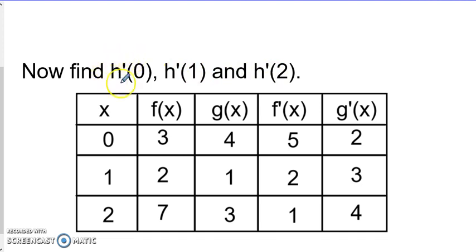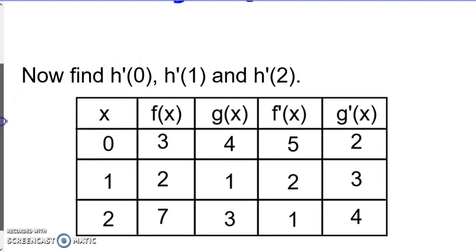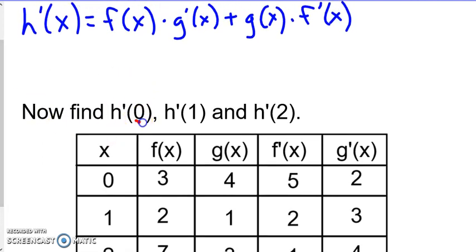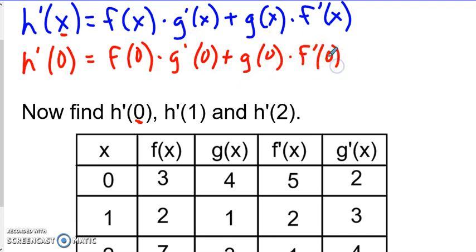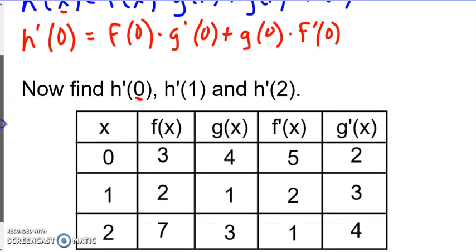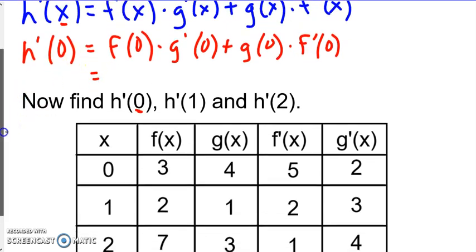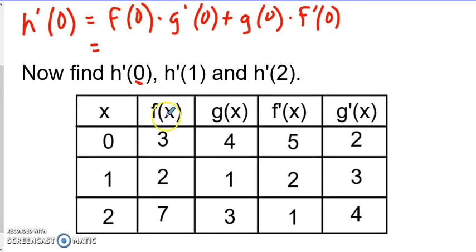Okay, so let's first start with h prime of 0. Well, really what's happening here is we're letting 0 replace x. So if we're trying to find h prime of 0, we need to find f of 0 times the derivative, or g prime of 0, plus g of 0 times f prime of 0. So using our chart, f of 0, so here's f.